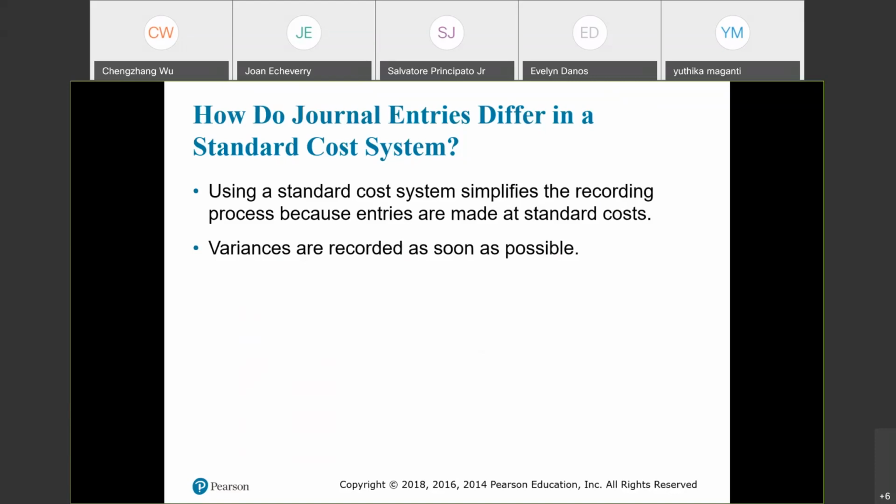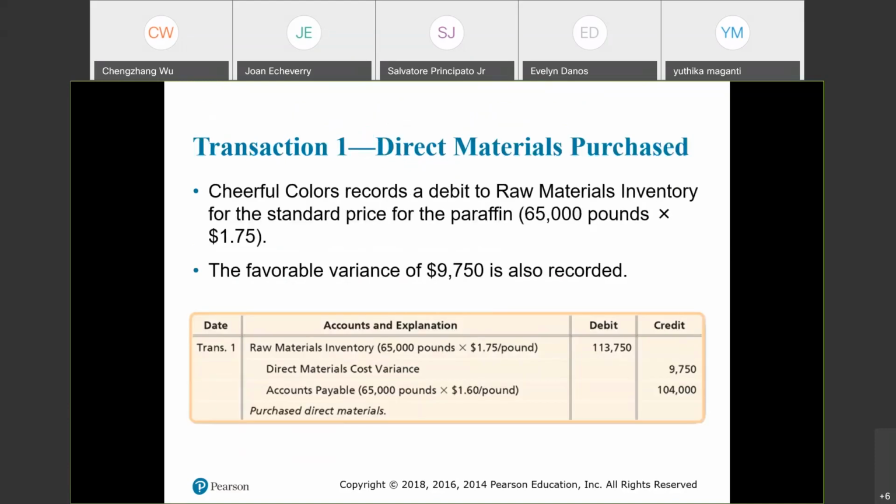It also means that work in process inventory, WIP inventory, is debited at standard input quantity and standard cost as crayons are manufactured. So this is a little bit different from what we have learned in financial accounting class.